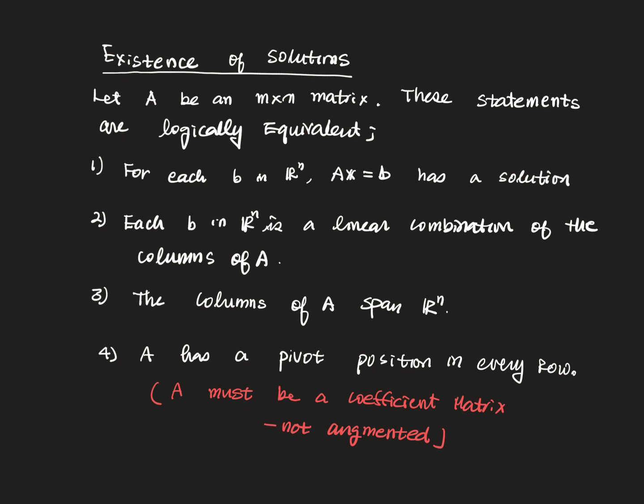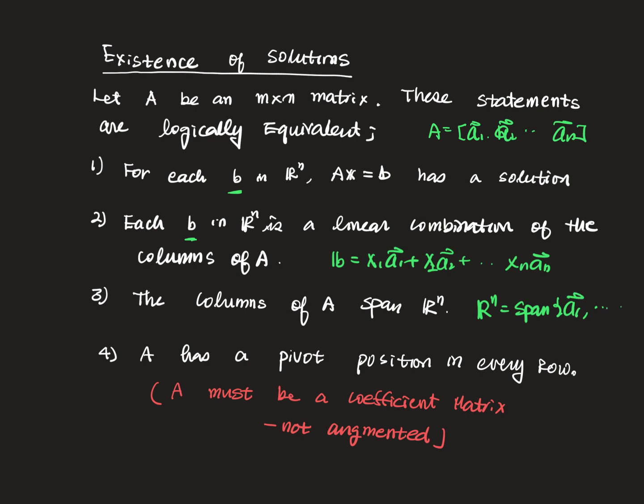First, for every b, the matrix equation Ax = b has a solution, which means b is a linear combination of the columns. A looks like a1, a2, up to an, and b is x1 a1 plus x2 a2 plus up to xn an. Guys, make sense?